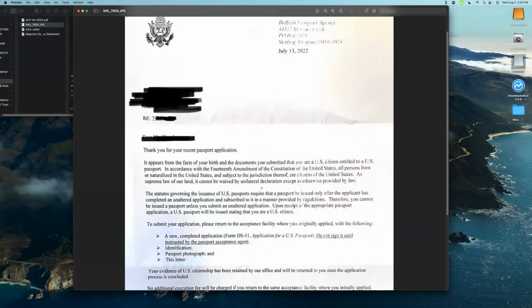If you were to provide a declaration, they're saying it cannot be waived, except what? Provided by law. You have to make clear what law allows you to make a declaration that you are not a U.S. citizen. And we will get into that.